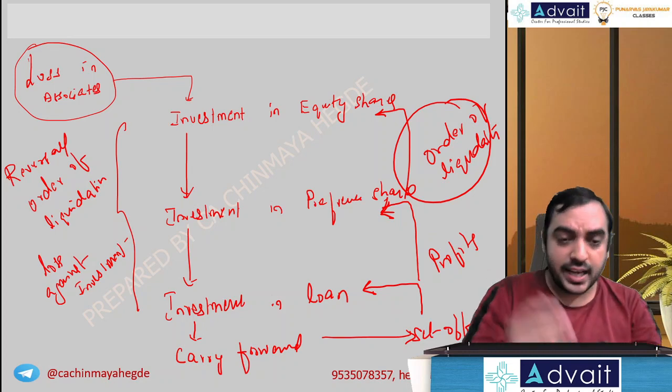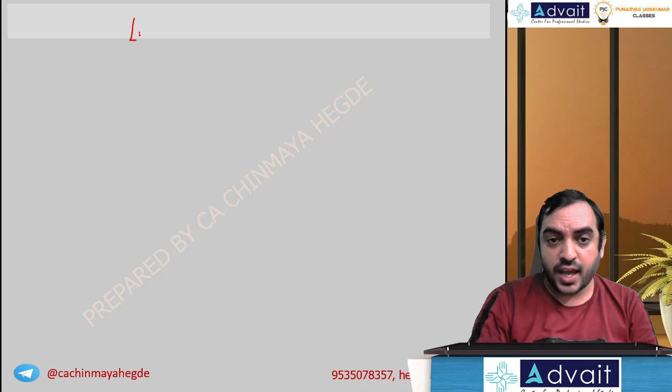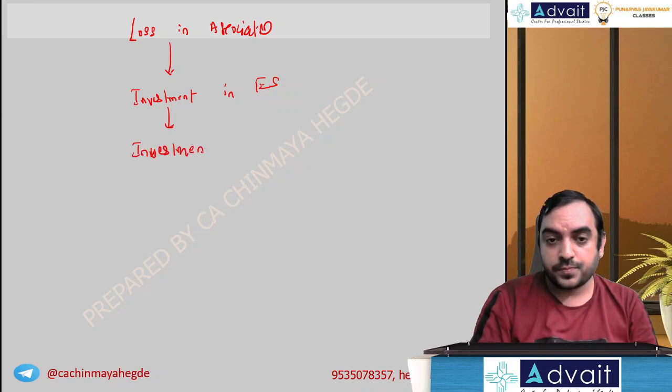Hope you got it. I'll write once more so that you can also write along with me. When you have a loss in associates, first you adjust against investment in equity shares, basically the equity method. Then you adjust against investment in preference shares.